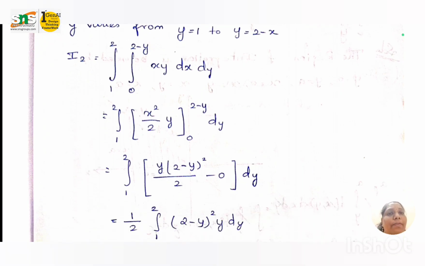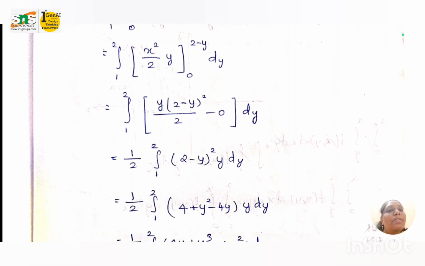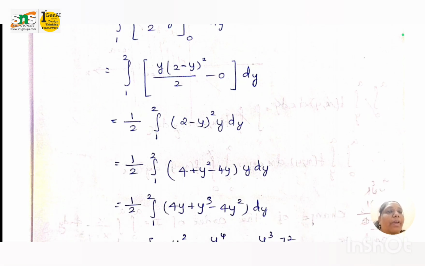We know the formula for a minus b the whole squared, which is a squared plus b squared minus 2ab. So we rewrite 2 minus y the whole squared as 4 plus y squared minus 4y dy.